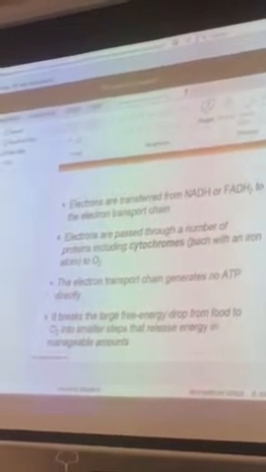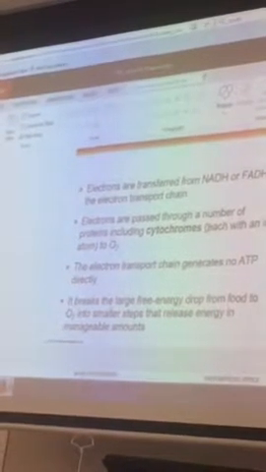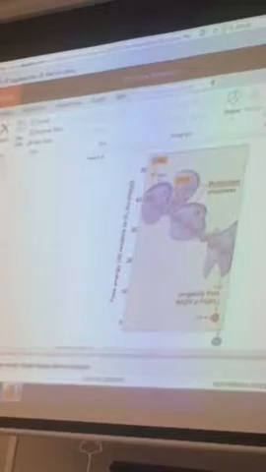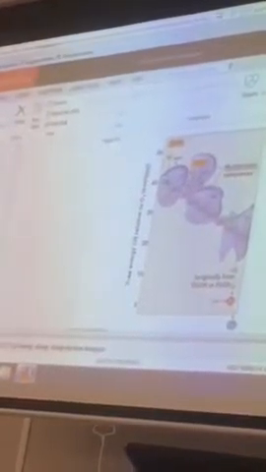So what we're doing is that a lot of these little proteins along the way that are embedded in this multi-protein complex, as the electrons pass down, a little bit of energy is released, and they're using that energy to pump protons into this intermembrane space. So we're getting a big buildup of protons out here.